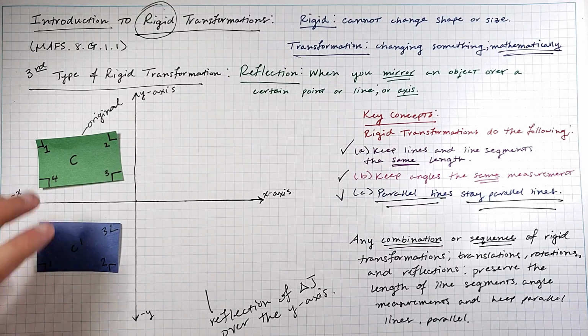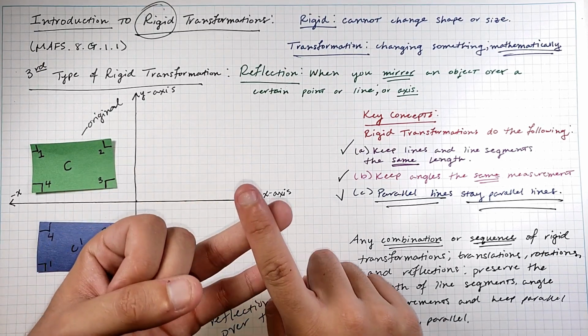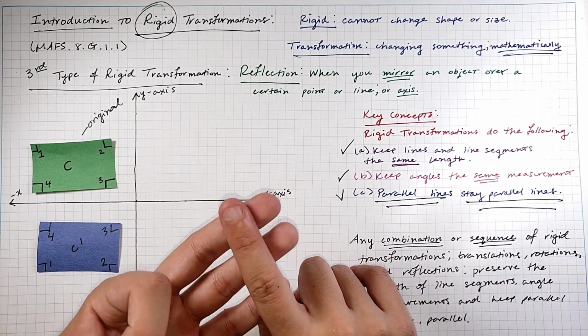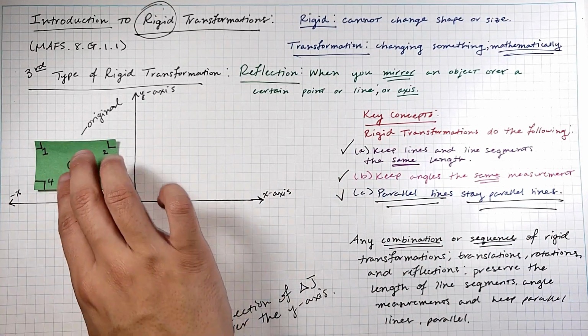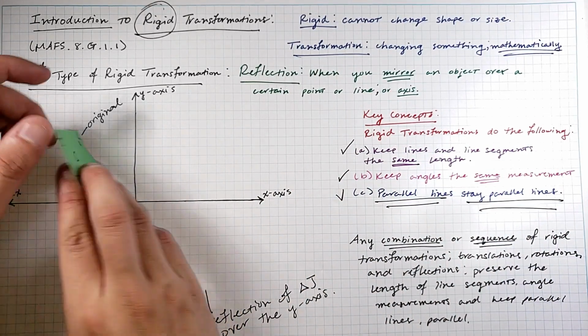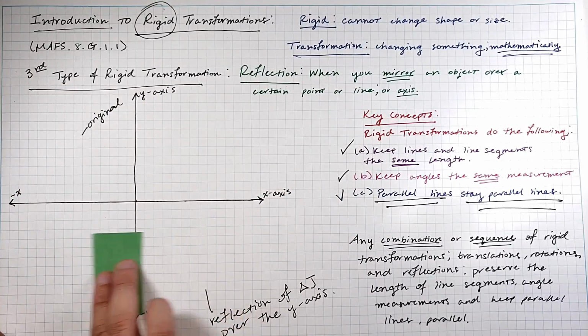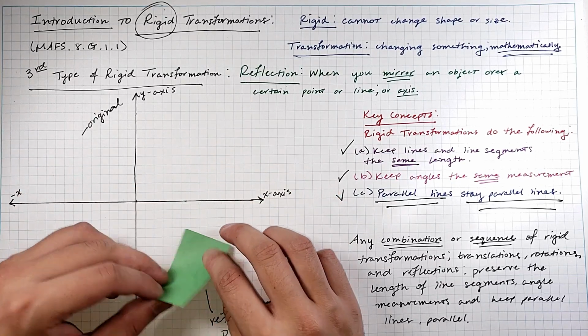So what exactly does this mean? That means we can combine reflections, rotations, and translations in any way, shape, or form. So let's say we had this C. Let's say we reflected it across, and we rotated it 90 degrees, then I translated it 3, 4, 5, 6 times, and I switched it back over, and maybe flipped it over to the origin again.